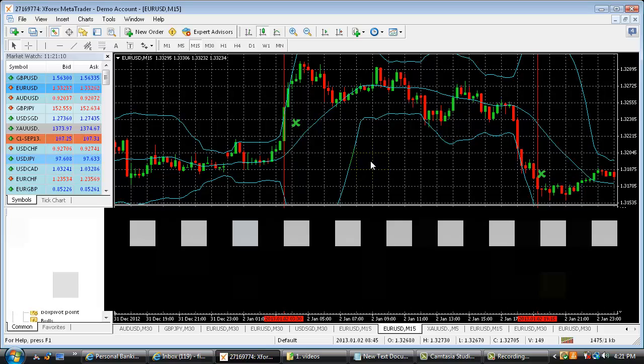Here it touched. Let me show you the bar before the trigger bar, which is here. Then this bar shot up and closed at 77, so we'll take it down, but we lost here.